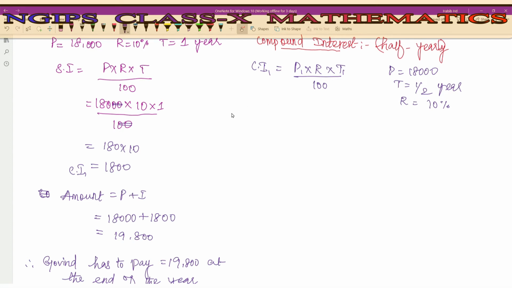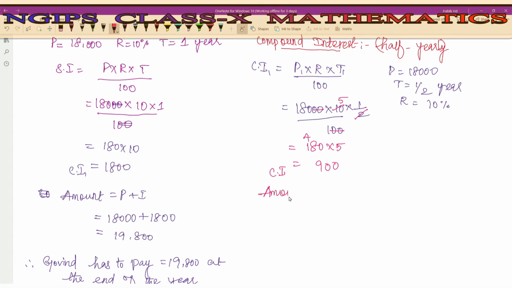Now if you substitute those values, P we have 18,000 into rate we have 10%, time period it is 1 by 2, whole divided by 100. So the terms cancel here, the 2 zeros and 2 zeros will get cancelled. So 1 2 is 2, 5 2s are 10. So 180 into 5. So 0 8 5 is 40, 0 4 remainder, 1 5 is 5. Here it is 9. So we got here compound interest is equal to 900 for first half year.